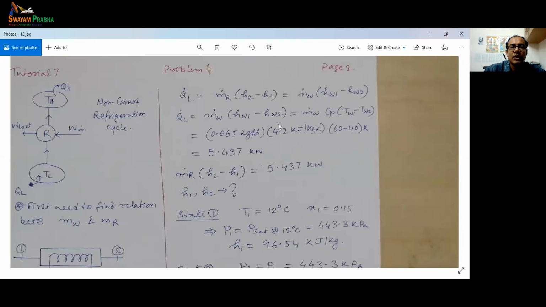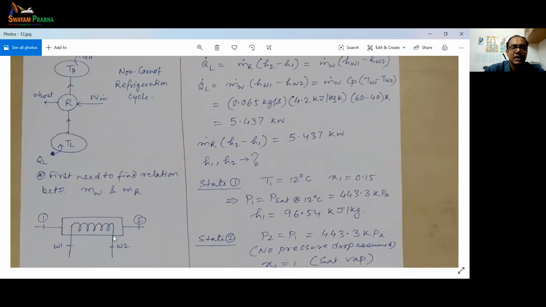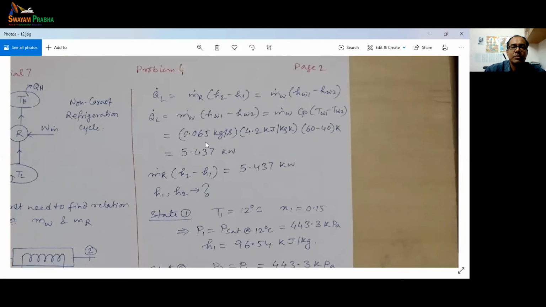Okay, so whatever heat exchange happens in this evaporator, that means the water will lose heat to the refrigerant stream. So the amount of heat will be same for the refrigerant stream and the water stream.